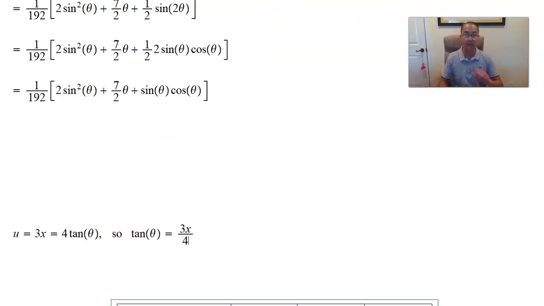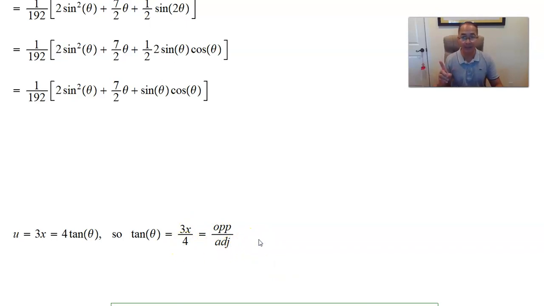Triangle. So once again, label the sides. Tangent is opposite over adjacent. So our opposite is 3x. Our adjacent is 4.